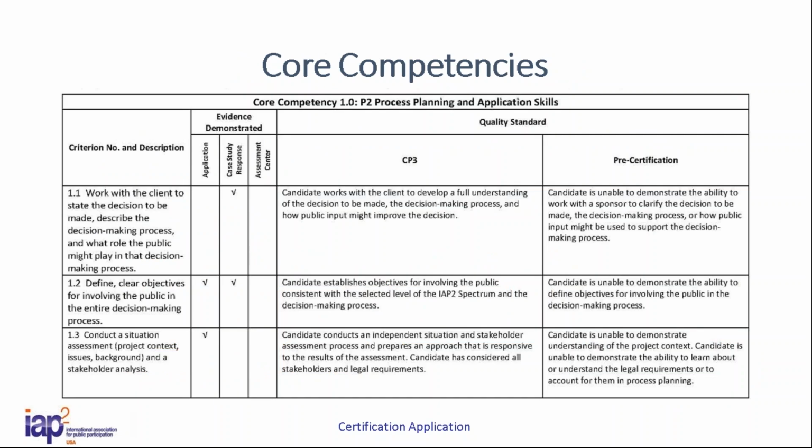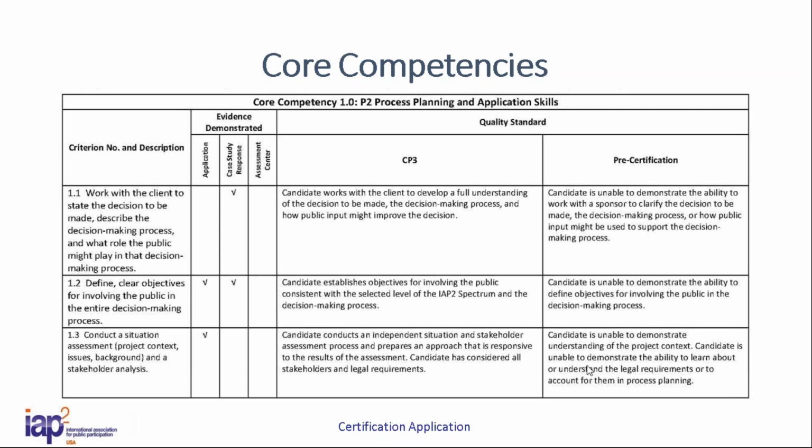Okay, so I want to give you a little bit of a look at what these look like. You can get this on our website. The screenshot right now is of Core Competency 1.0, which is the public participation process planning and application. The criteria are listed in the left column, and then the quality standard in the middle for CP3 is the statement against which we are assessing candidates.